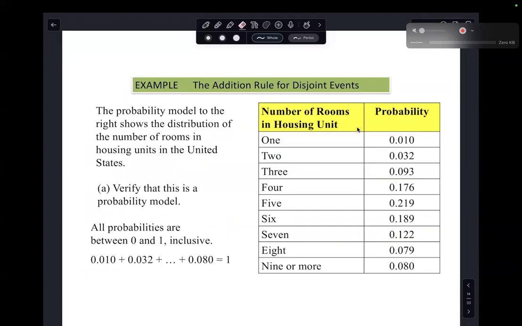I already added them up. These things are clearly disjoint because a two-bedroom house is not also a four-bedroom house. In general, they're different things. Obviously, some people will say, oh, but I just converted this den into a bedroom. We're not talking about that.